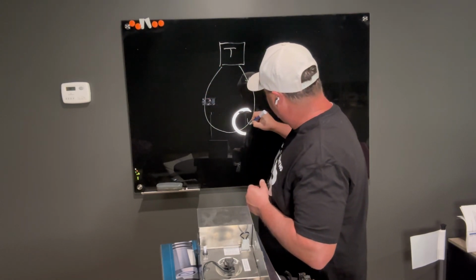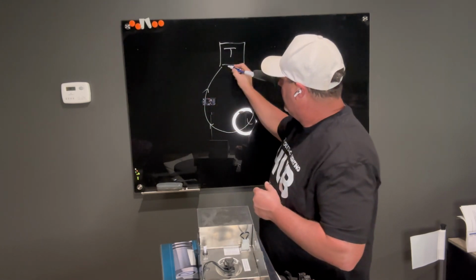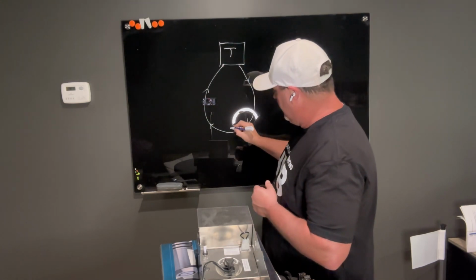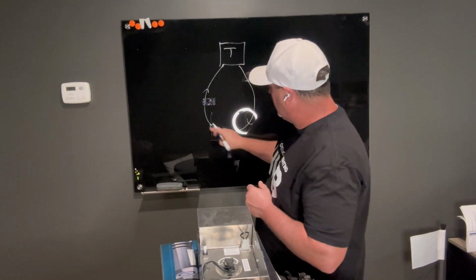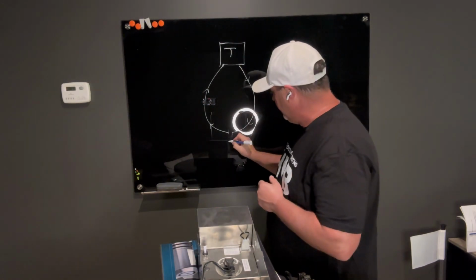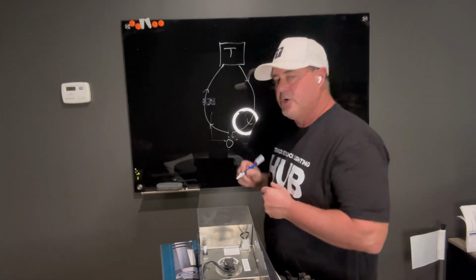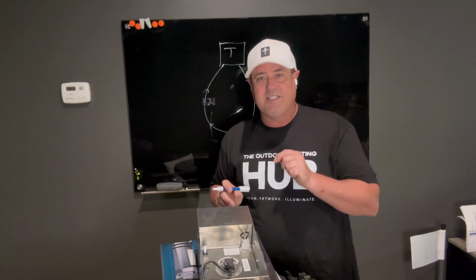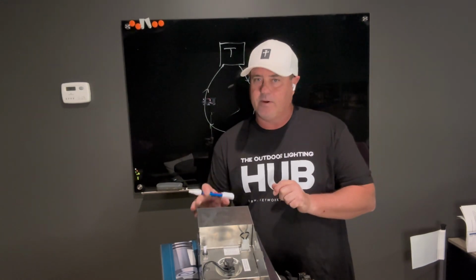This is the direction we're flowing with the electricity. As long as this doesn't get broken, it will make a complete circuit, and if I have a light fixture down here, it will turn it on. So let's demonstrate that on this transformer so you can understand exactly what I'm talking about.